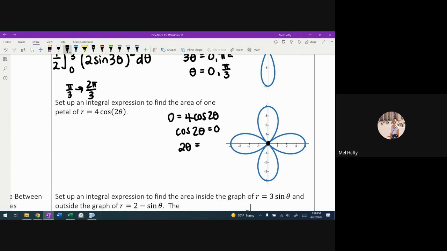All right. So where is cosine 0 on the unit circle? Okay. What angle is that? Pi over 2 and 3 pi over 2. So I'm going to put that here. And then divide by 2. Well, that's just convenient, isn't it?